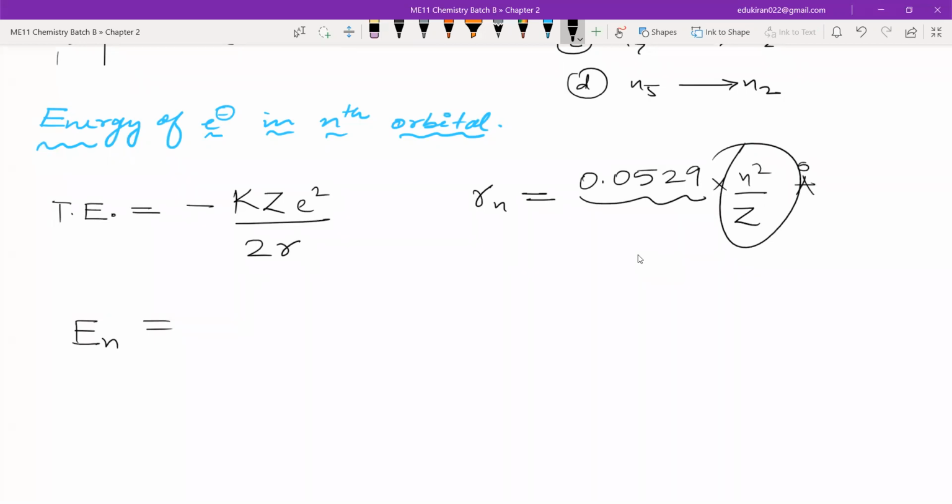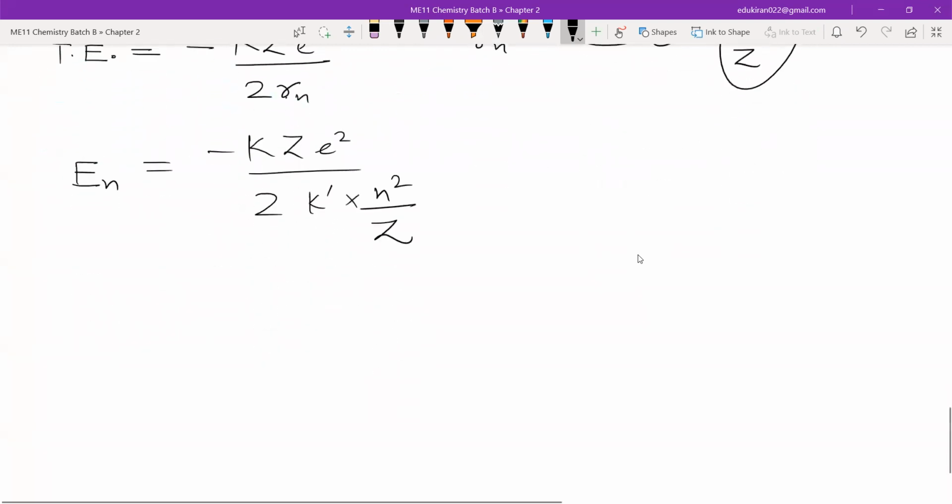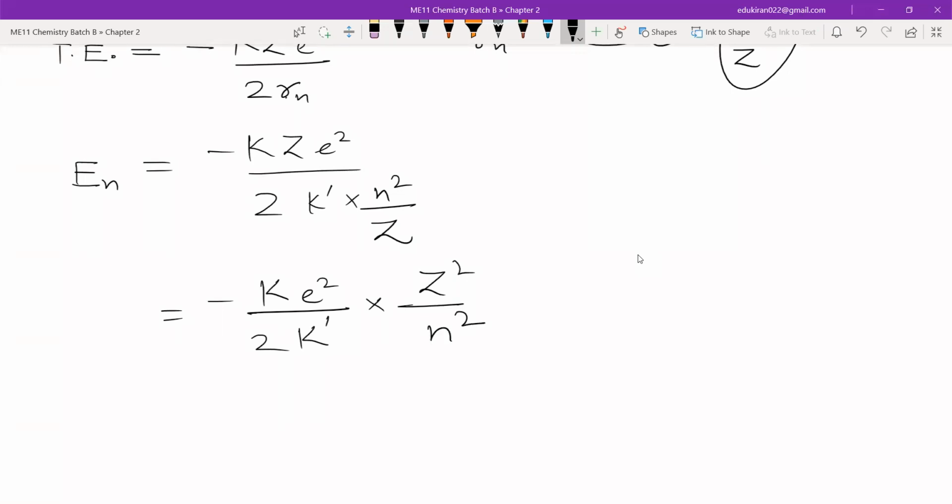And if I put Rn here, then kZe square divided by 2 Rn is equal to, writing some constant k dash into n square upon Z, so this will be equal to minus of k e square, and below 2k dash, and the Z will go above and it will become Z square upon n square.